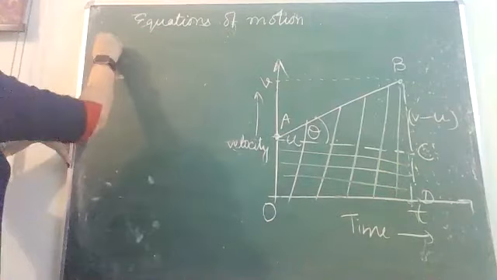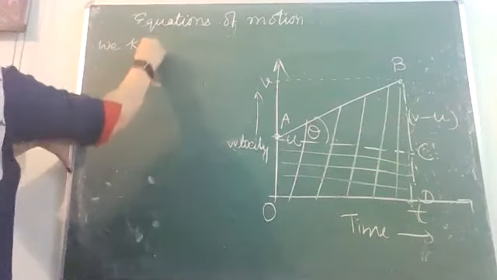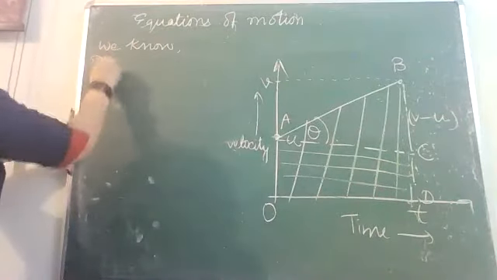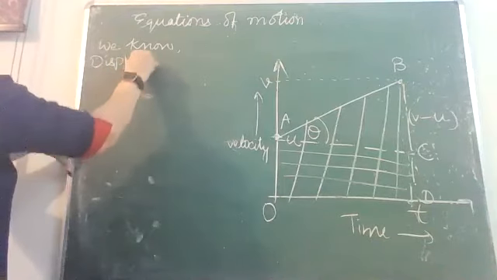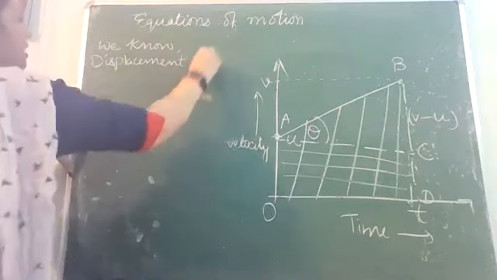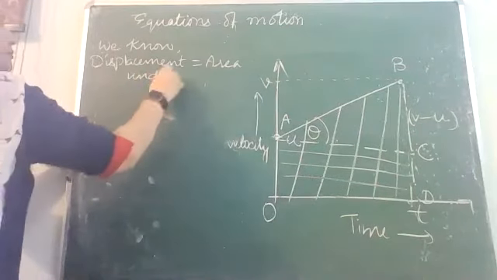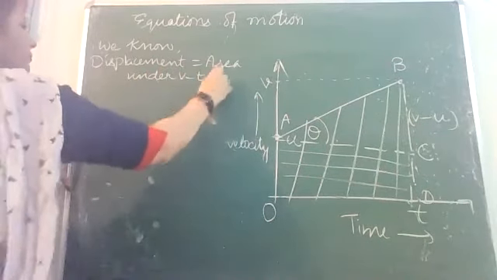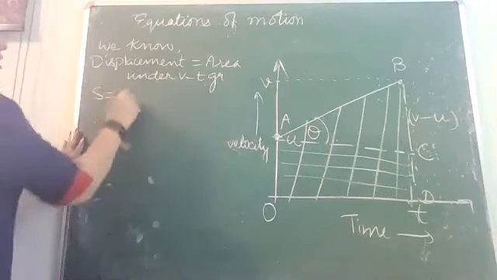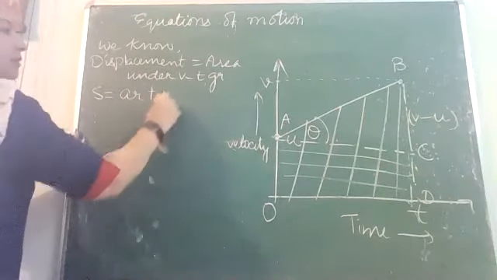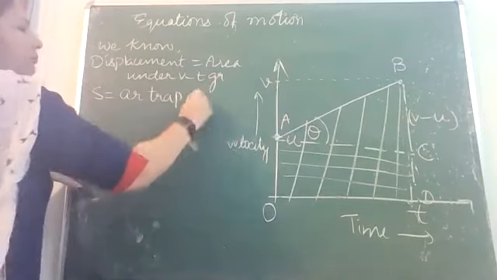So we will start. We know that displacement is equal to area under VT graph, and displacement is here the area of trapezium OABD.